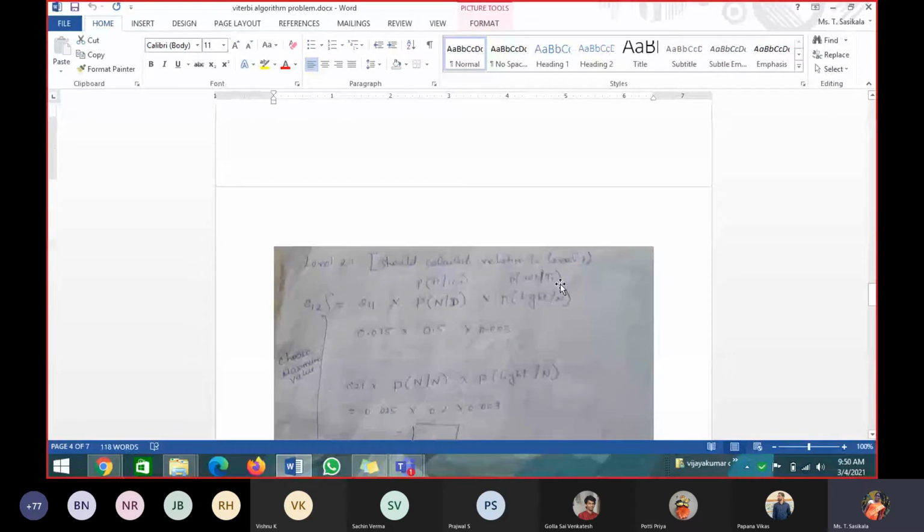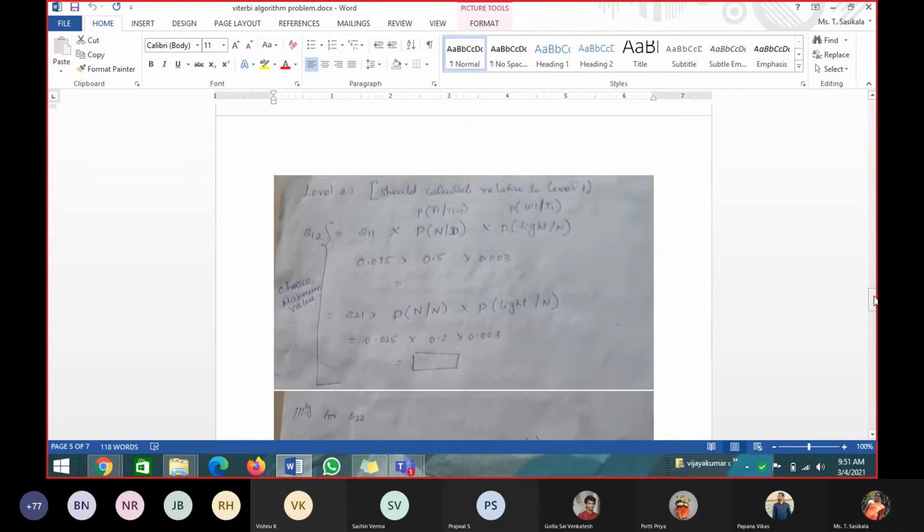But since in the first level we don't have the previous tag transition probability, we are multiplying the starting probability into the word transition probability. So what is the answer you are getting for S12?